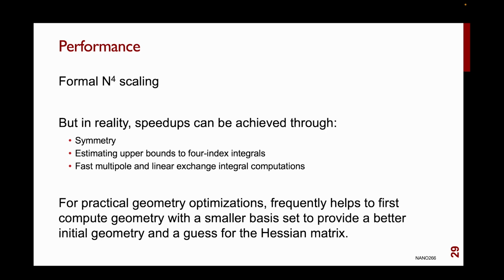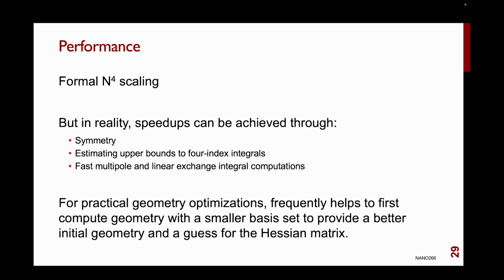In terms of performance, formally, Hartree Fock is N to the power 4 scaling, as I mentioned. In reality, there can be significant speed-ups of Hartree Fock calculations through things like using symmetry. For instance, if you have a very highly symmetric molecule, you can use symmetry to minimize the number of calculations that you do.